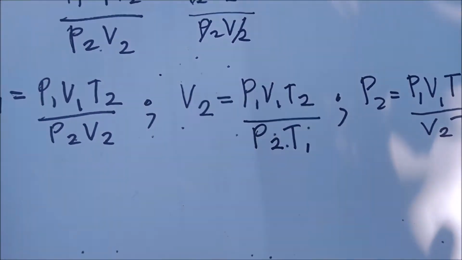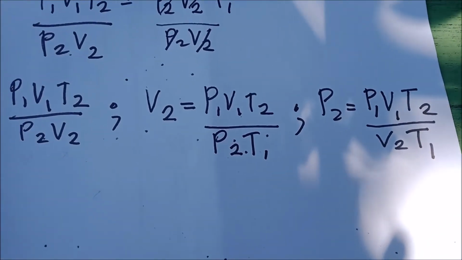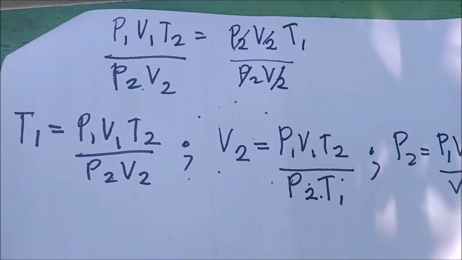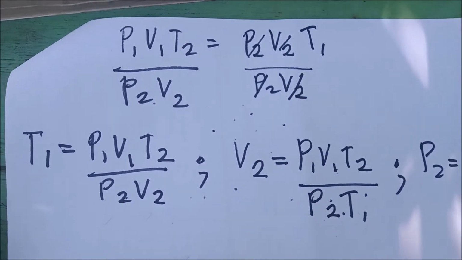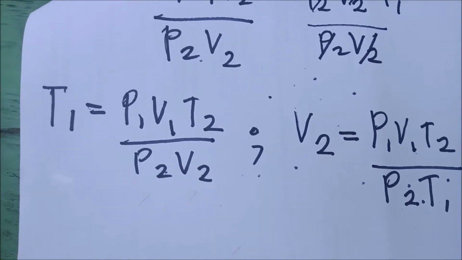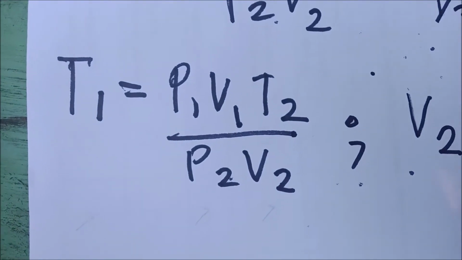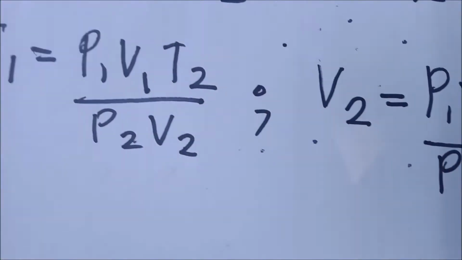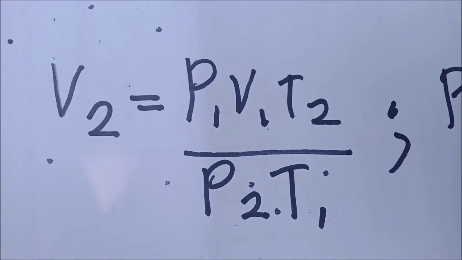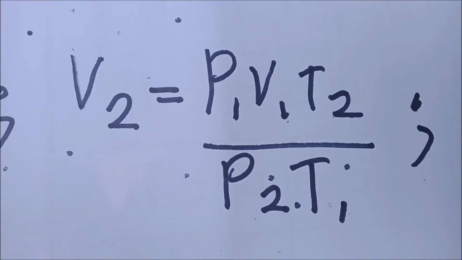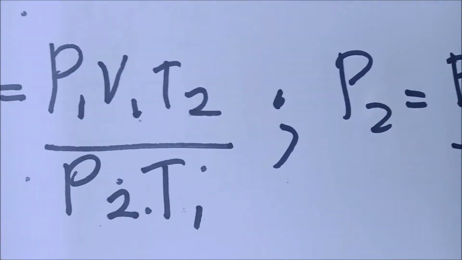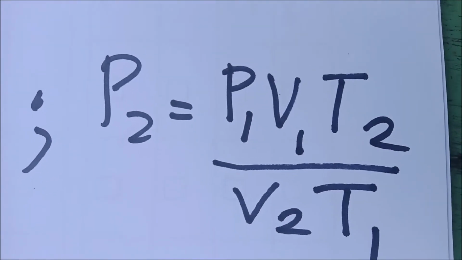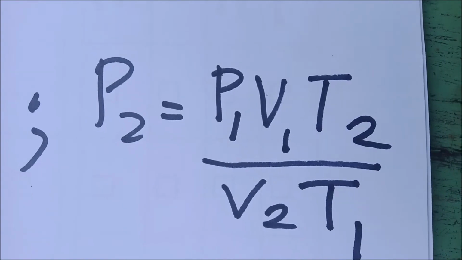So we have 6 derived formulas from our working equation of combined gas law. This is the 4th formula for finding T1, the 5th formula for finding V2, and our 6th formula if we're looking for P2.